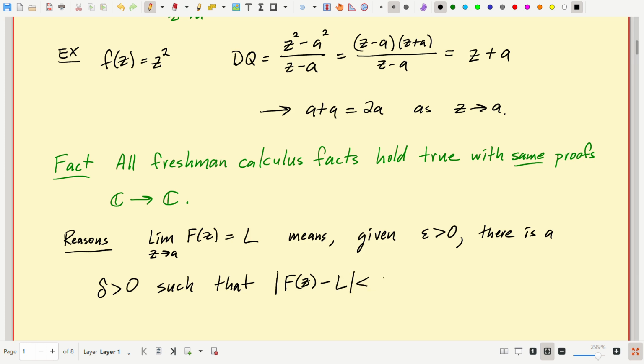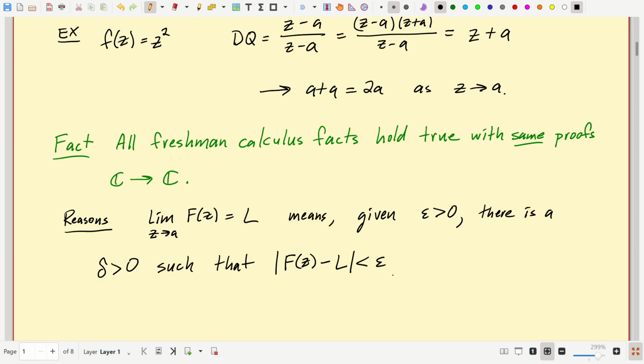In the complex case, that's the modulus of a complex number. Such that that is less than epsilon when the modulus of z minus a is less than delta. And of course, z should be unequal to a.